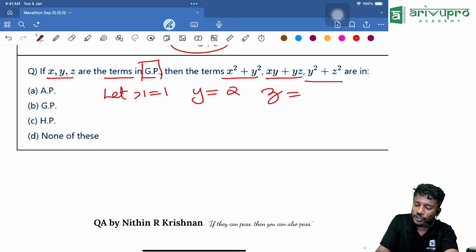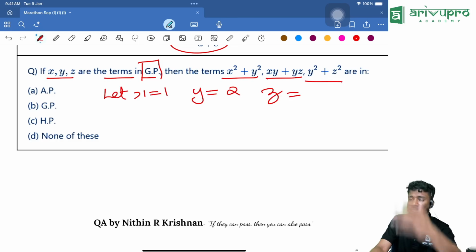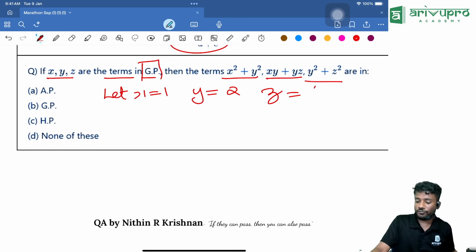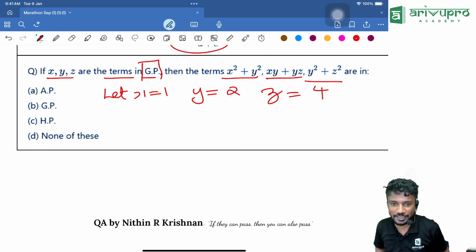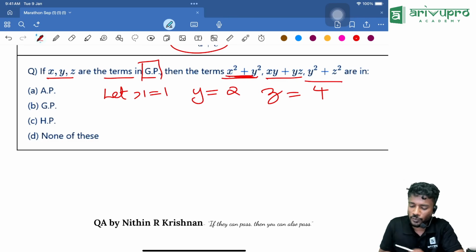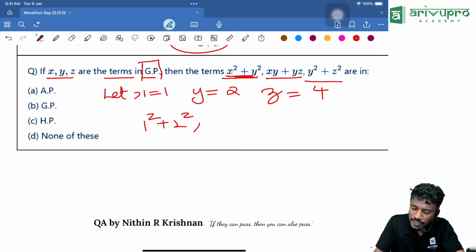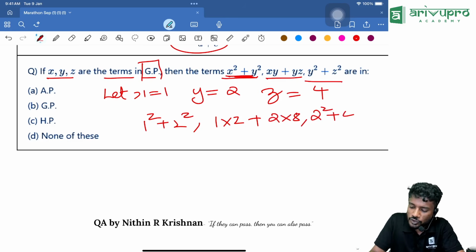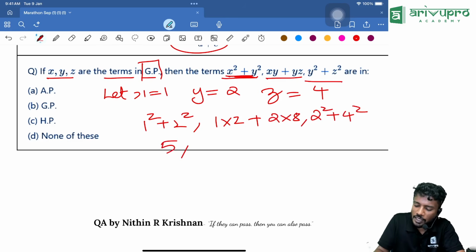Z is equal to what? GP means a common ratio should be there, so Z is equal to 4. Now you try. X square plus Y square is 1 square plus 2 square. XY plus YZ is 1 into 2 plus 2 into 4. Y square plus Z square is 2 square plus 4 square. How much is it? 5, 10, 20.